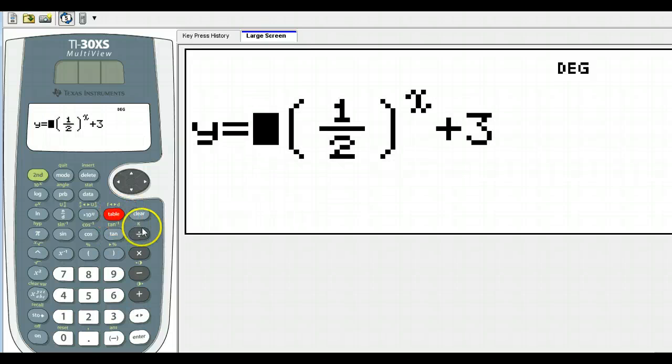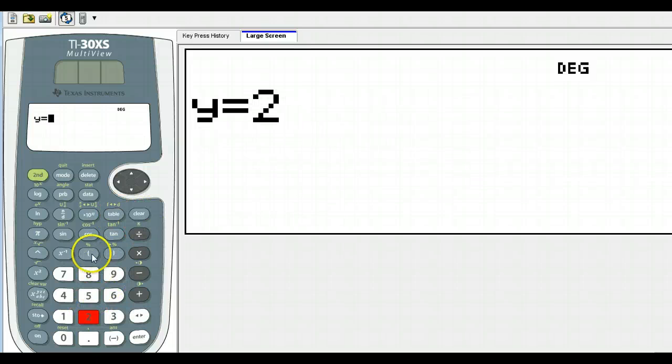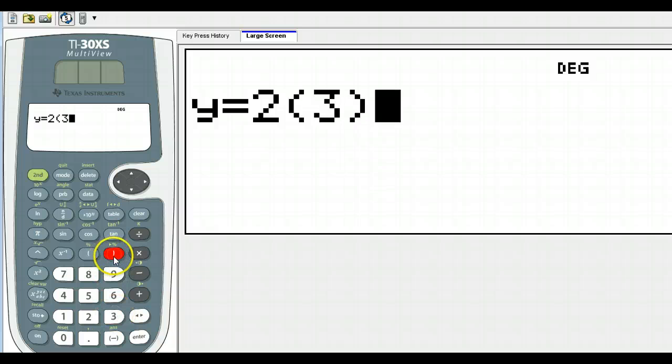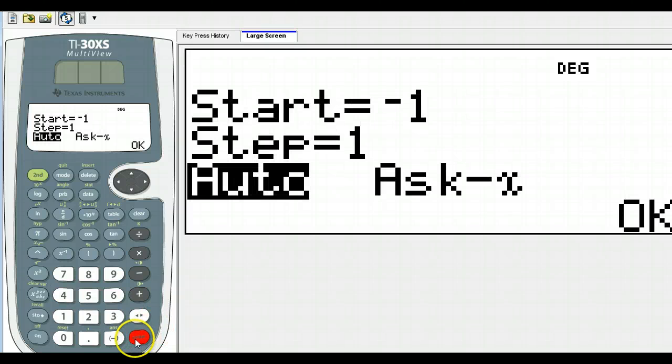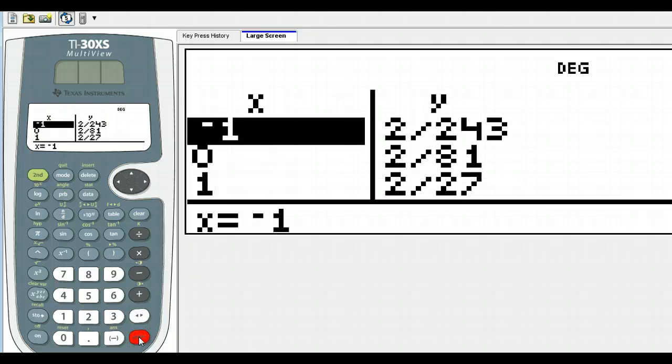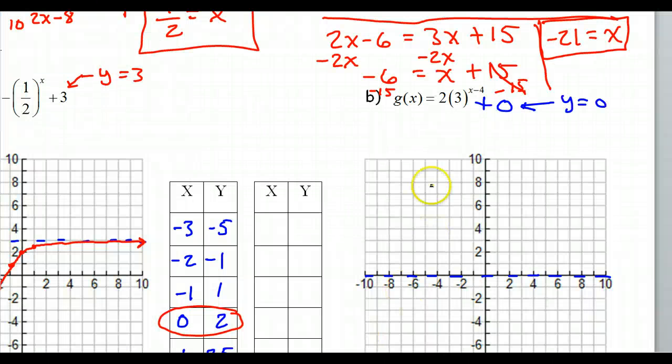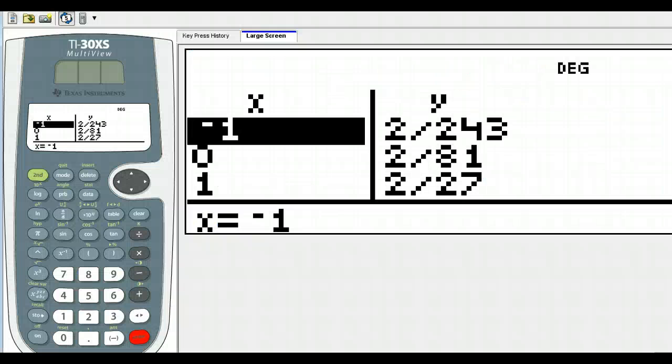Alright, using the table function. So it looks like we have 2 times 3 to the x minus 4 power. Doesn't really matter where you start because we're going to scroll around anyway. Again, look for the big numbers.